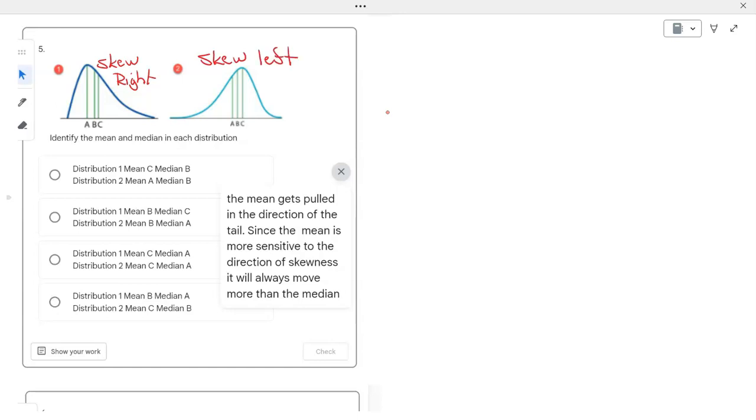Now the mean is the most sensitive out of these two things. It's going to move more than the median is. So the mean is always going to be the line that is closest to the tail. So in this case, the mean would have to be C.